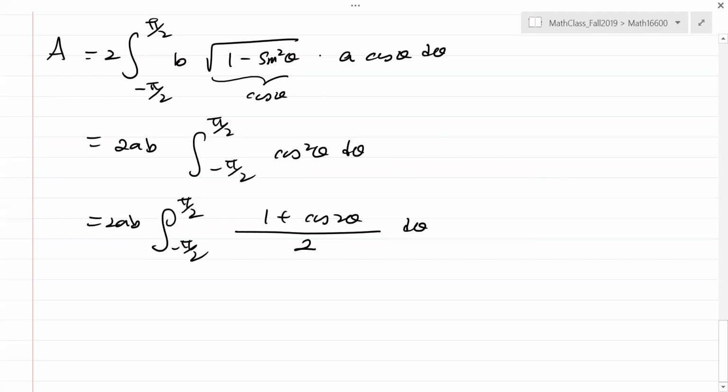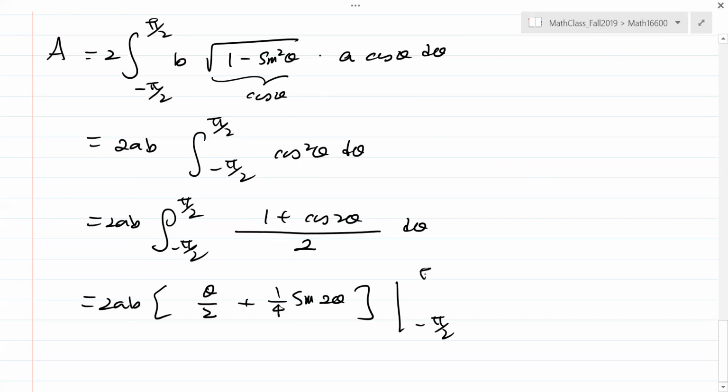So you get 2ab, the antiderivative, this will be half of theta, plus a quarter of sine 2 theta. When you differentiate, you get this, evaluated from negative pi over 2 to positive pi over 2.